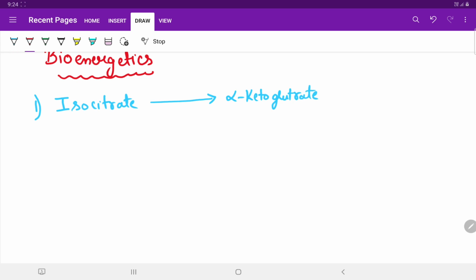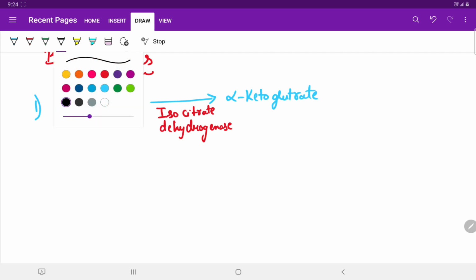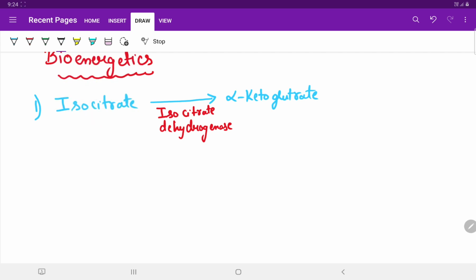This reaction occurs in the presence of enzyme isocitrate dehydrogenase. Plus this is accompanied by formation of an NADH molecule. In this reaction, one NADH is formed which is equivalent to 3 ATPs.